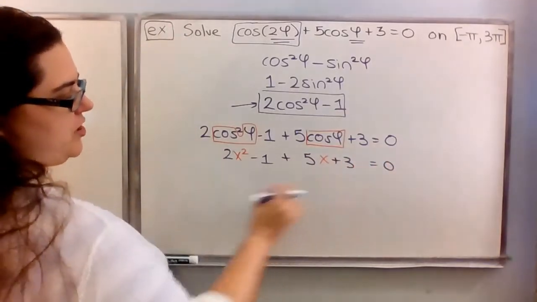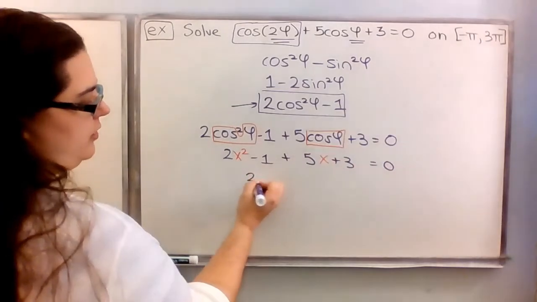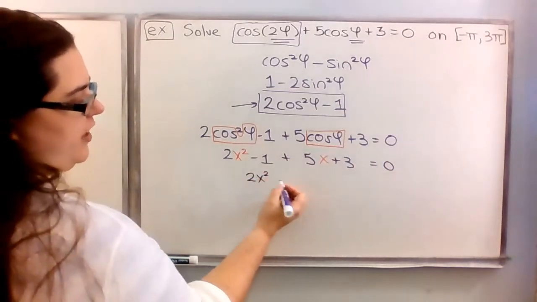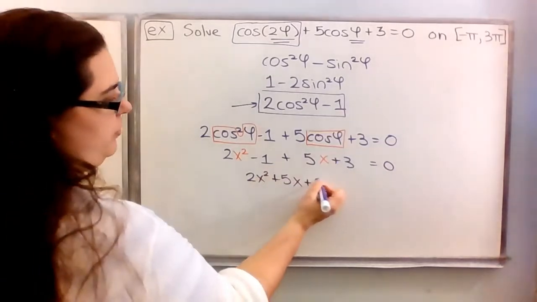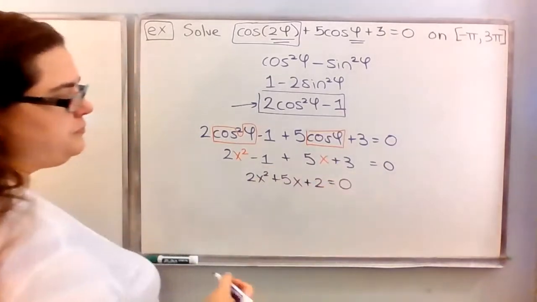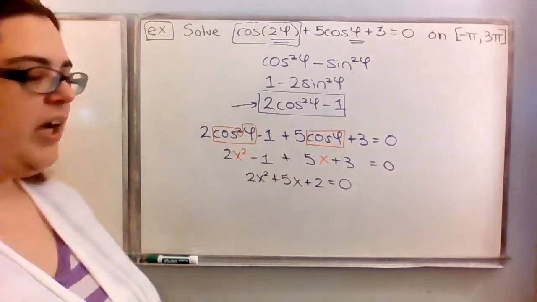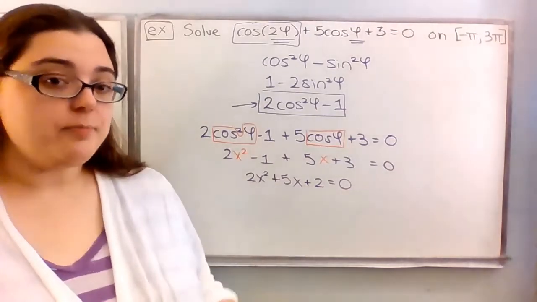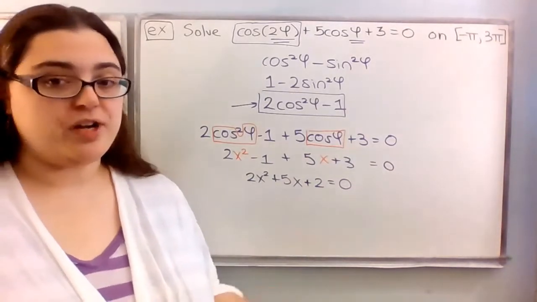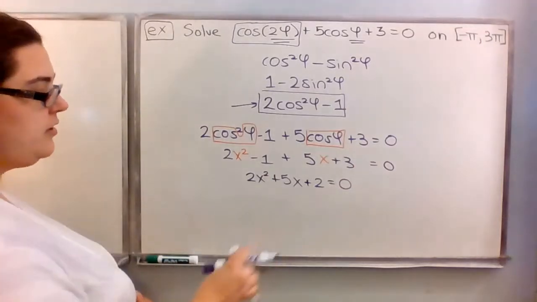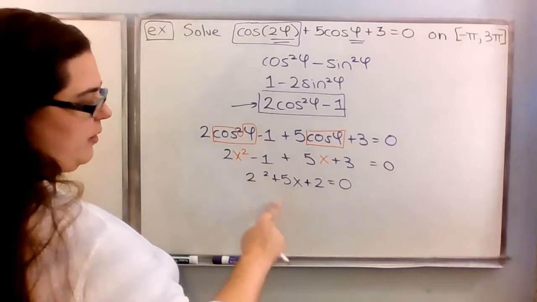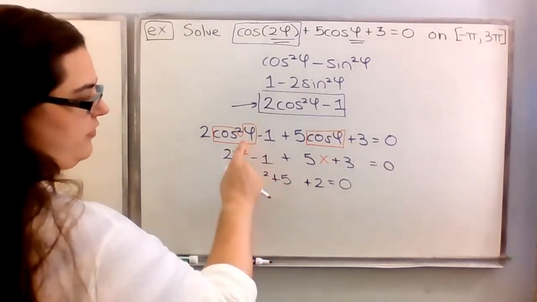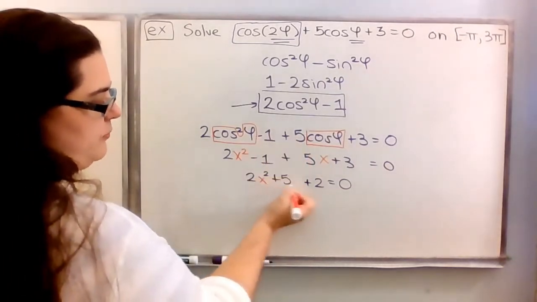If I rearrange this, this is going to give me 2x squared plus 5x plus, 3 minus 1 is 2, equals 0. And then we can go ahead and factor that, or if you wish, you can use the quadratic formula. That's also totally fine. I'm going to keep my x's in red, however, to remind me that I'm not ultimately solving for x. I want to figure out what this phi is ultimately.